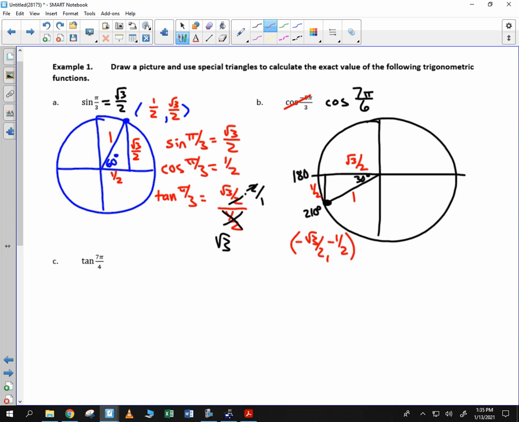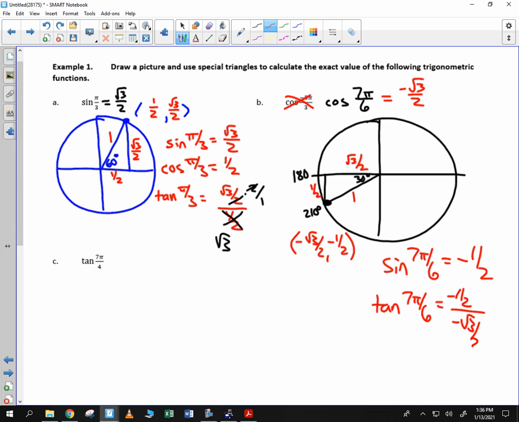So again, we're not doing that. We're doing cosine of 7 pi over 6. So therefore, the cosine of 7 pi over 6 is the x value, which is negative root of 3 over 2. If it asks for the sine value of 7 pi over 6, you would say it would be negative 1/2. If it asks for the tangent of 7 pi over 6, you would take negative 1/2 and divide it by negative root of 3 over 2.